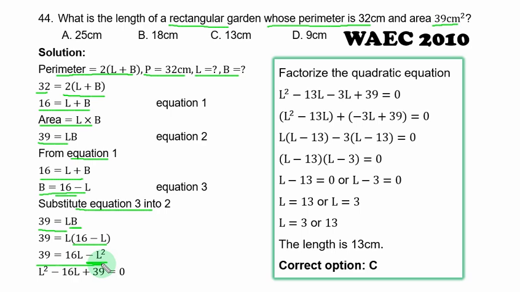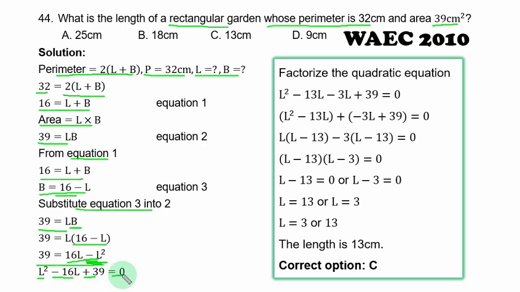To solve properly, let's transfer these two terms to the left hand side for us to have 0 here. If you transfer this term, it becomes plus L square minus 16L plus 39 equal to 0.